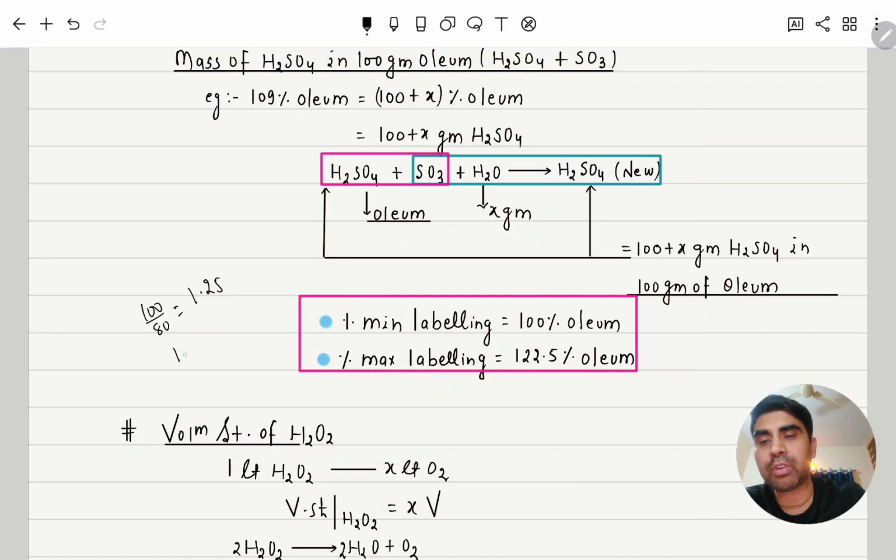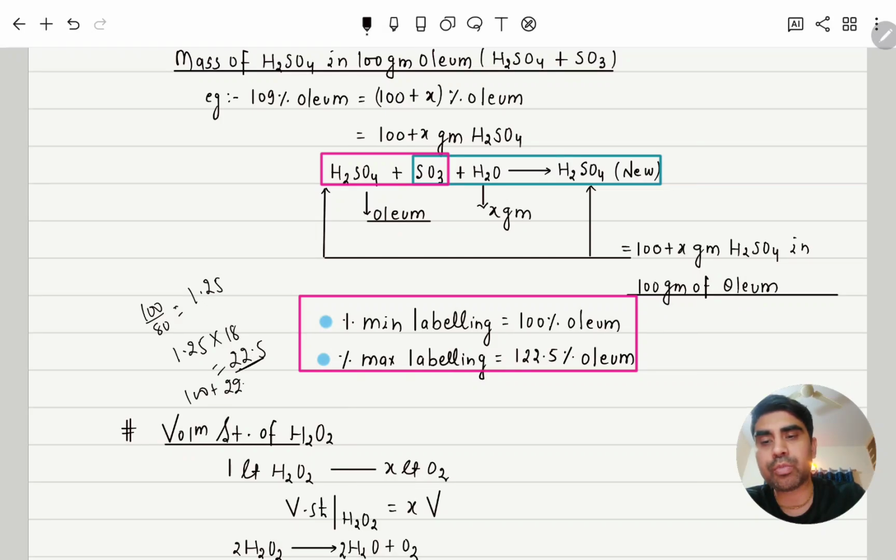So that much water will be there also. 1.25 mole of water into 18. So 1.25 into 18, how much is it coming? It is coming 22.5. So that's why 100 plus X, X is the amount of water.